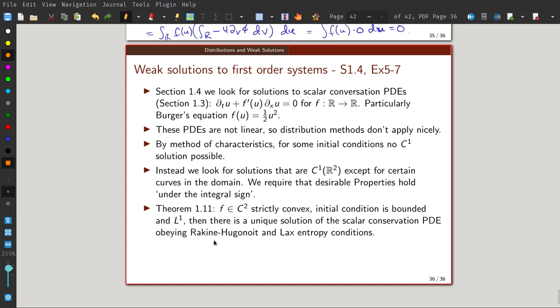I mentioned that the Rankine-Hugoniot condition was a conservation of mass property. The Lax entropy condition, remember, was the condition that characteristics were not allowed to emerge from the line of discontinuity. Characteristics could end on the line of discontinuity, but they were not allowed to begin on it. That was the Lax entropy condition. And under these two, there was a unique solution.